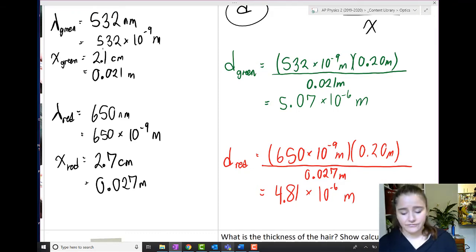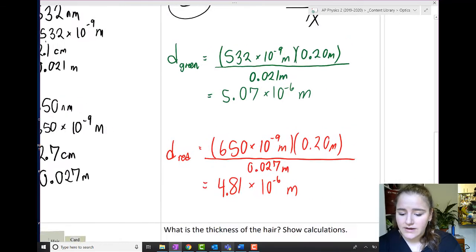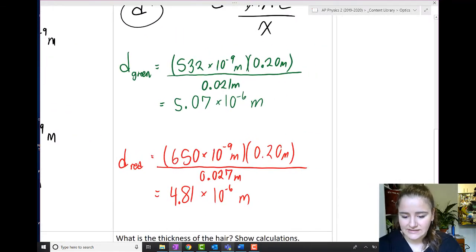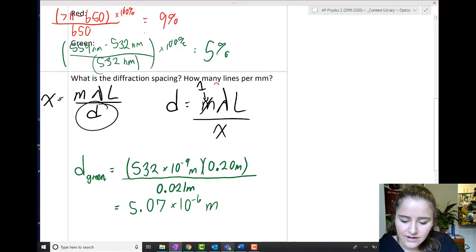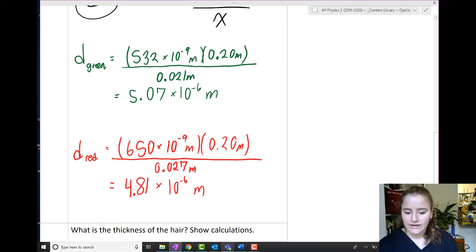Now, if we wanted to then take that spacing and use it to find out how many lines per millimeter we have, we can do that. So that is the spacing between the lines, and we want to get it to lines per millimeter. So first, we need to kind of take the inverse of this number.